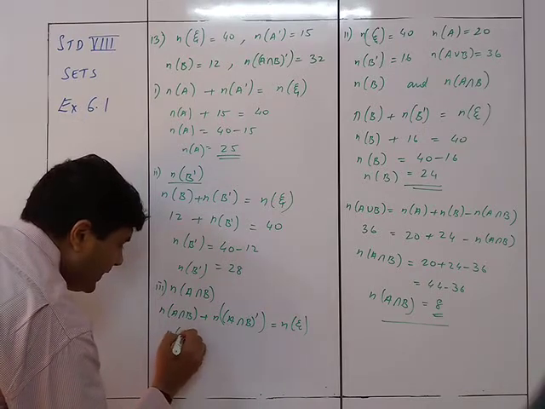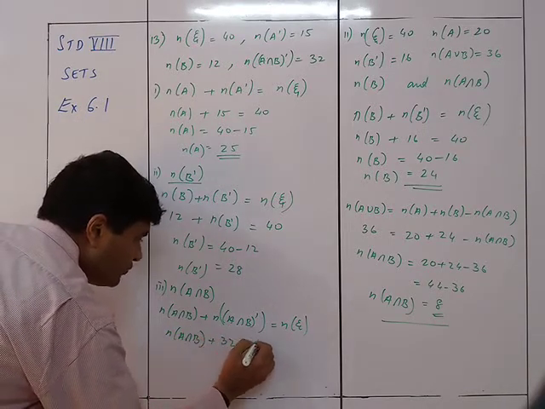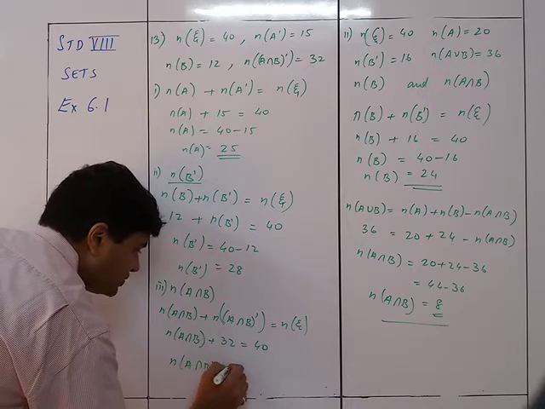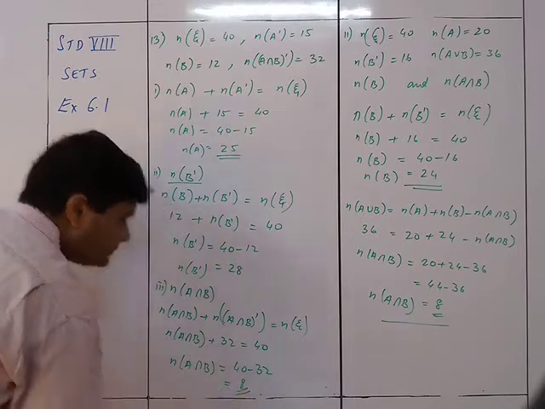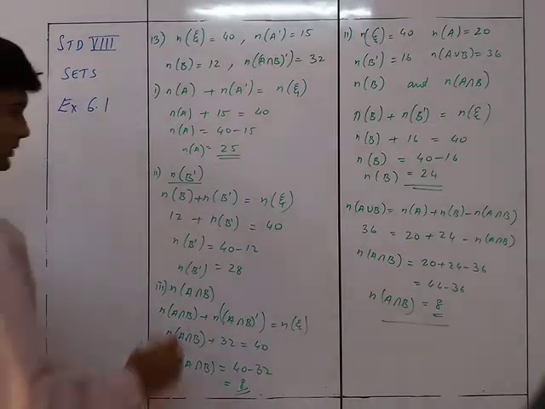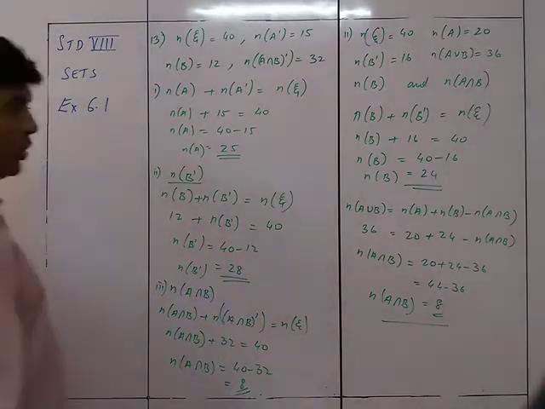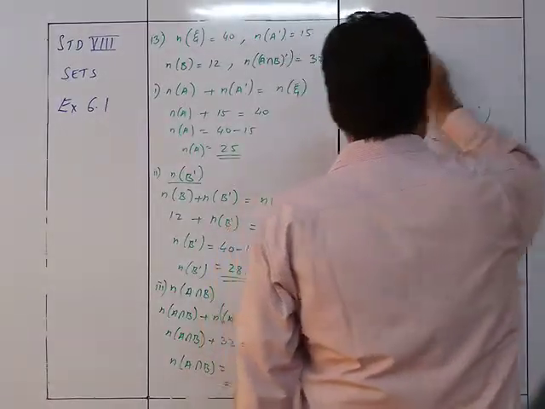So n(A intersection B) plus 32 is equal to 40. Therefore n(A intersection B) is equal to 40 minus 32, which is 8. Okay, we move on to the fourth part.